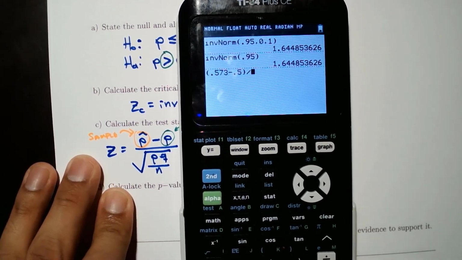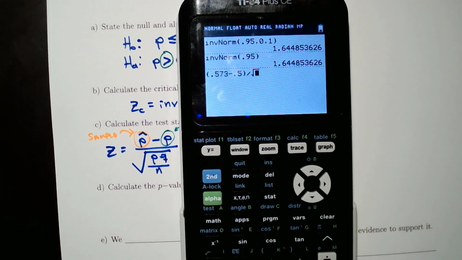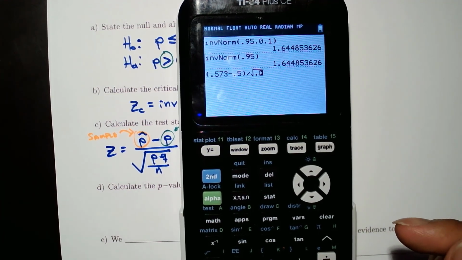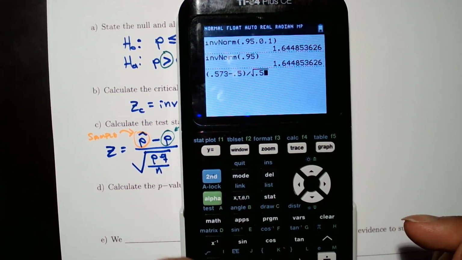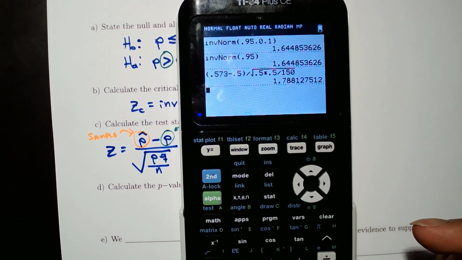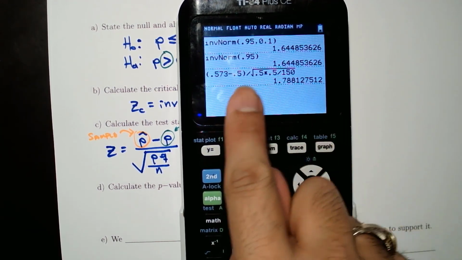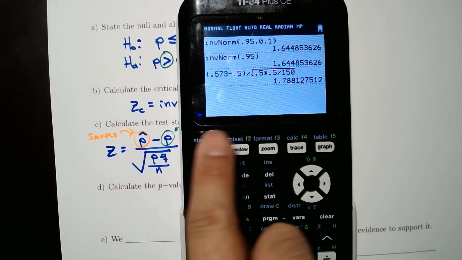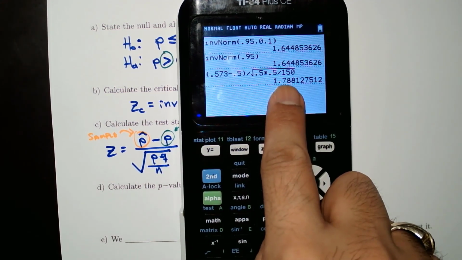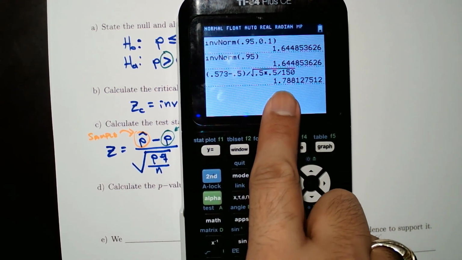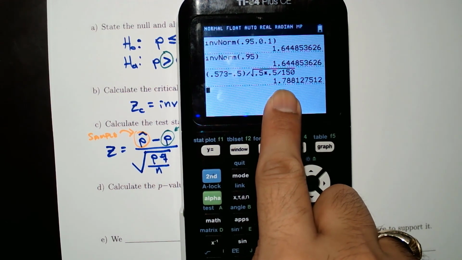I'm going to divide by the square root, and in this case 0.5 times itself, and divide by 150. Boom, what do we get? 1.7088 and so on. But again, we're talking about z-score, so the rounding rule for z-scores is 2 decimal places, so that's why I will have 1.79.